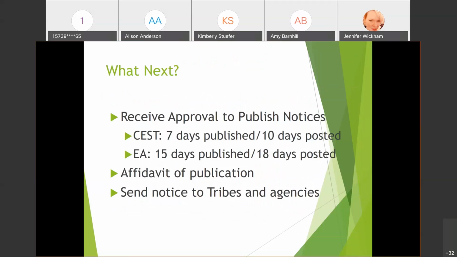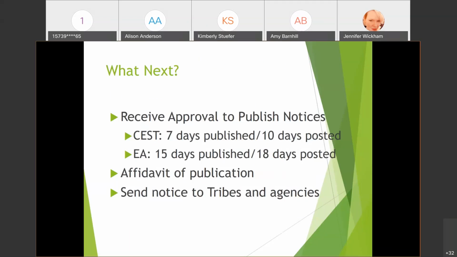So again, the public notice gets submitted to the Department of Economic Development. We have different publication periods and comment periods. For the CEST, it's 7 days, but if it's posted, it's 10 days.